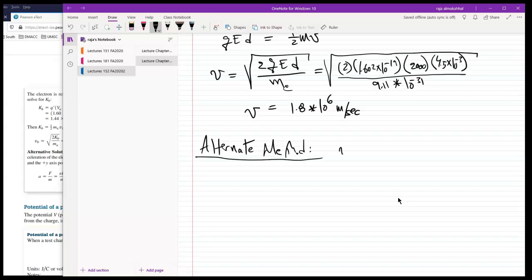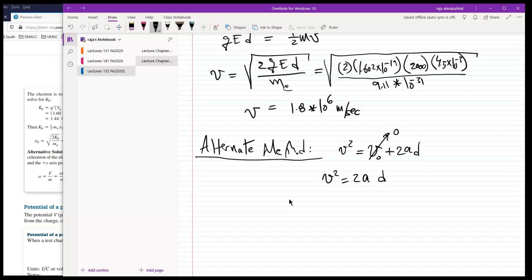I'm going to use the second one: V squared equals V naught squared plus 2AD, right? D is Y. V naught is 0 because the electron initially, at the plate, is not moving. So we have here V squared equals 2AD.